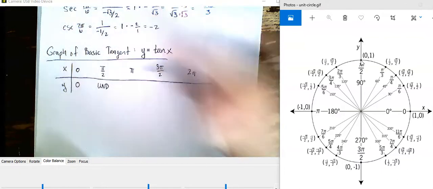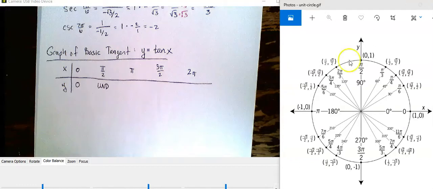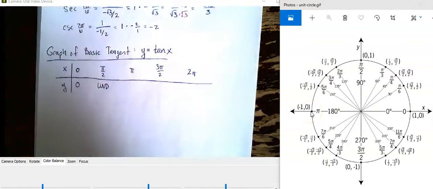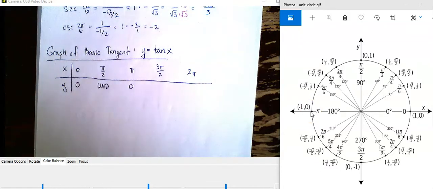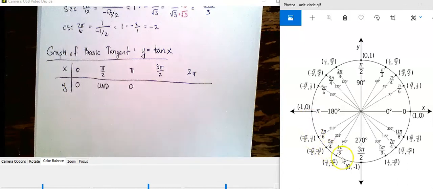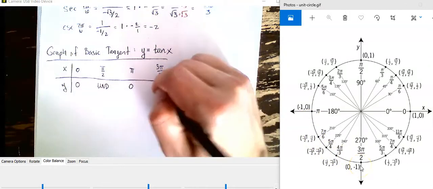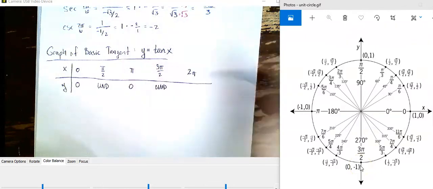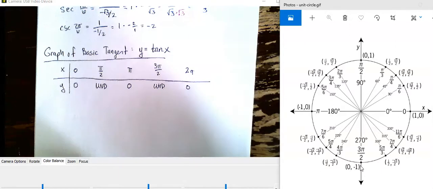Let's say UND there. At pi, we'll have 0 divided by -1, which is also 0. And at 3 pi over 2, -1 divided by 0 is undefined again. And then at 2 pi, it's the same point as 0, so 0 there.